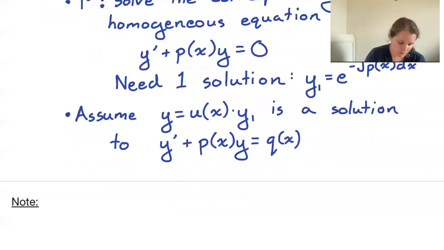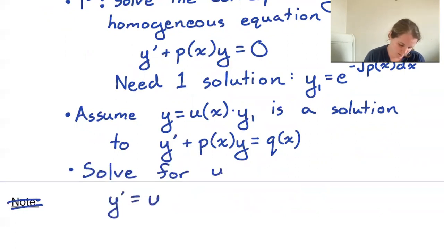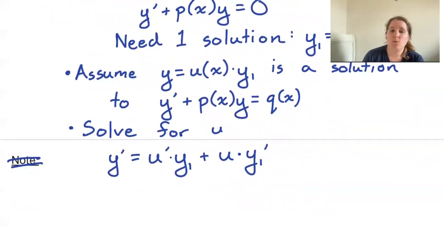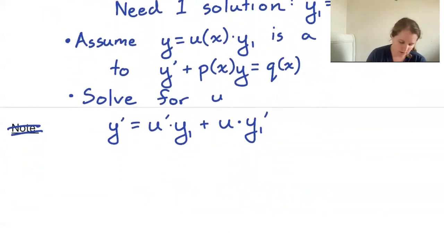From here, we're just going to solve for u. We know that y prime is u prime times y1 plus u times y1 prime, and we know that y is a solution to our non-homogeneous equation.